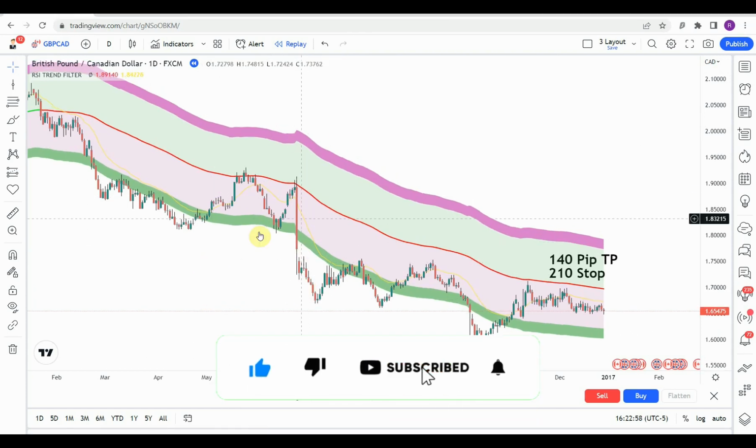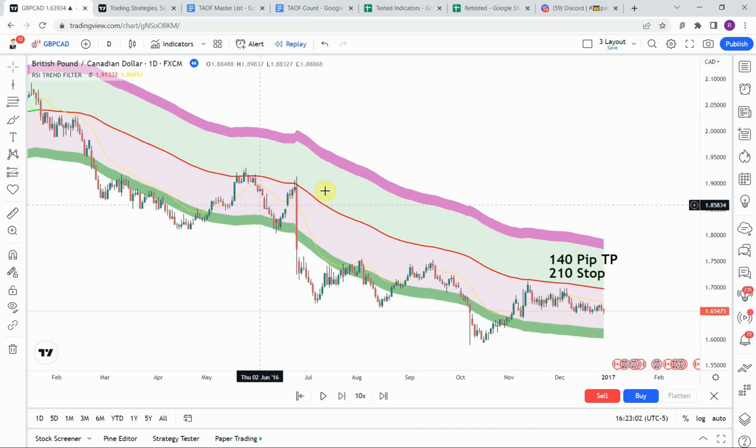So basically when we get into the upper area of the RSI, above the upper band, then we're looking for a reversal to the downside. When we get down into the lower area of the RSI, into the oversold area, then we are looking for a reversal back to the upside, so long trades.